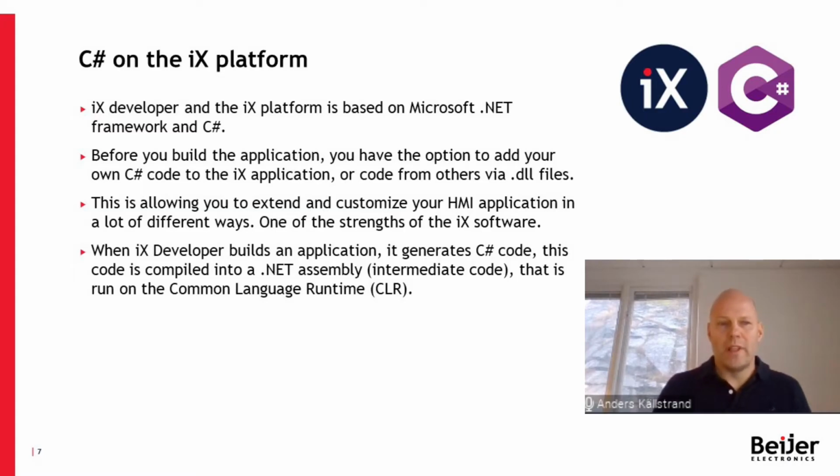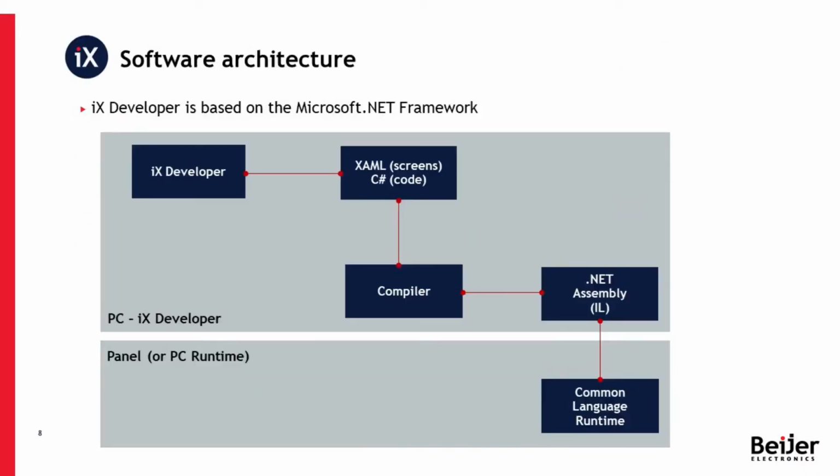So what happens when IX Developer builds an application is that it generates C# code, and this code is compiled into a .NET assembly, the intermediate code that I was talking about earlier. That code is run on the common language runtime. So this is really the software architecture.